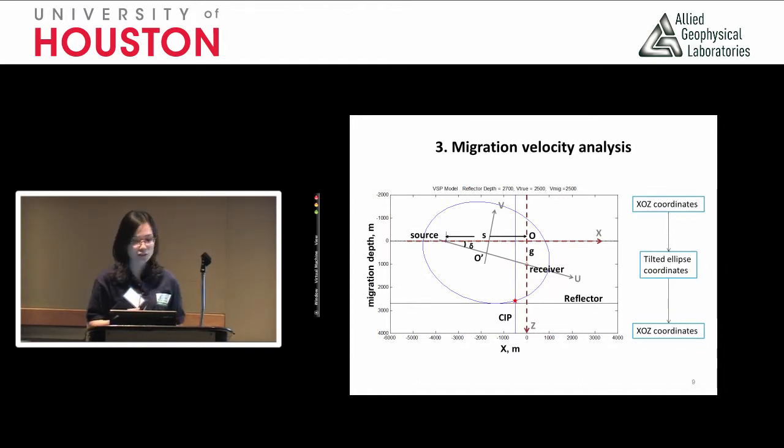In this method, we need to transform from XOZ coordinates to the tilted ellipse coordinates, and then transfer back to XOZ coordinates to get this intersection points equation. I didn't show the equation here; it was shown in last year's SEG presentation. If you're interested, we can talk in more detail after this talk.